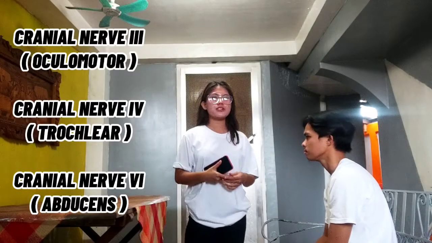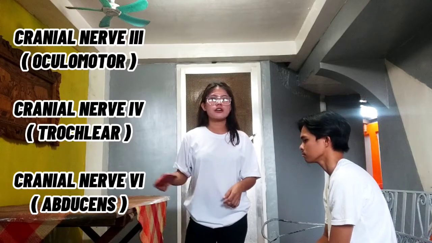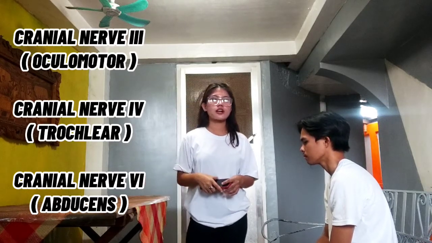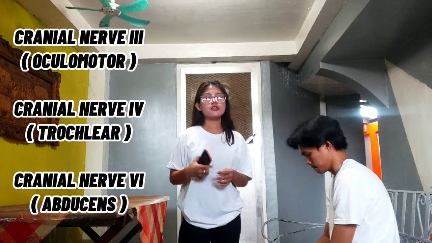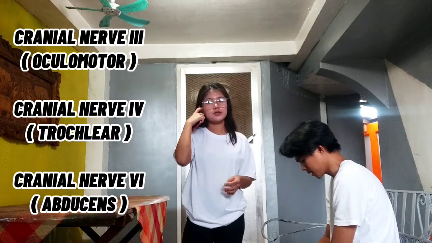Cranial nerve 3, which is the oculomotor nerve, cranial nerve 4, which is the trochlear nerve, and cranial nerve 6, which is the abducens nerve. First, we're going to look for involuntary shaking of the eye. So, I'm going to use the flashlight of my cell phone.